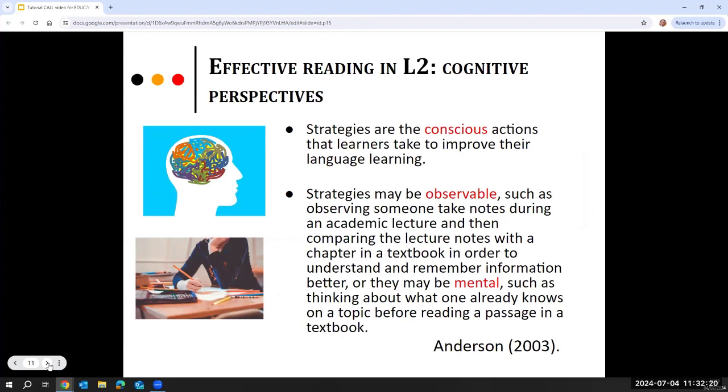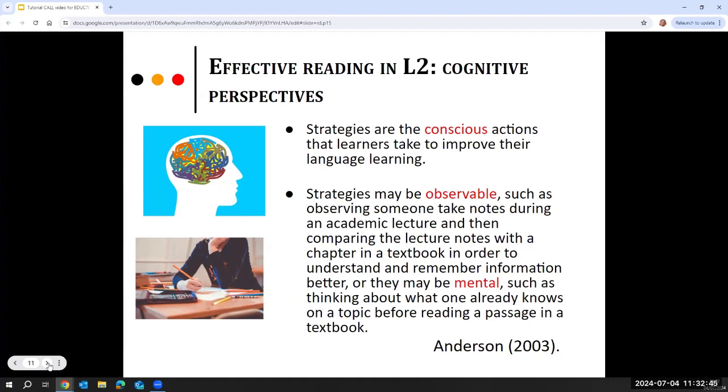So when we talk about strategies, we need to know that the strategies that we use when we are reading are conscious actions that we take to improve language learning. So strategies are observable. For instance, you might be taking notes at this moment in time as you are listening to me, or during a lecture.